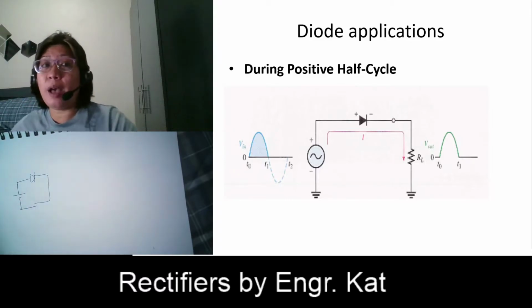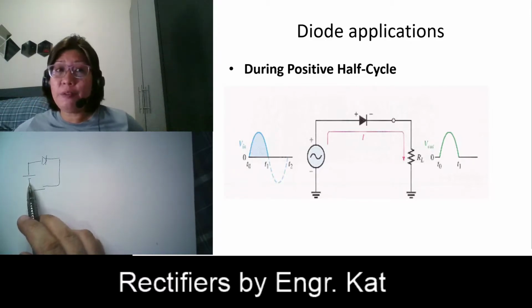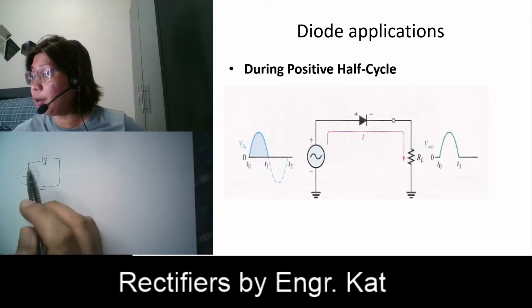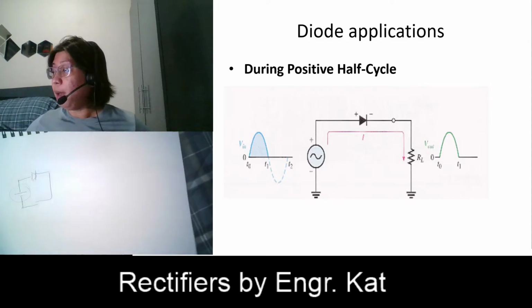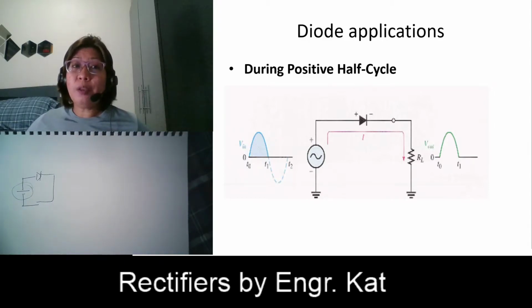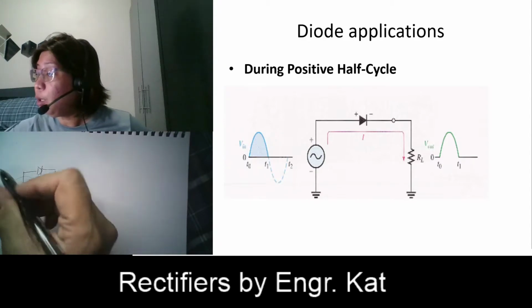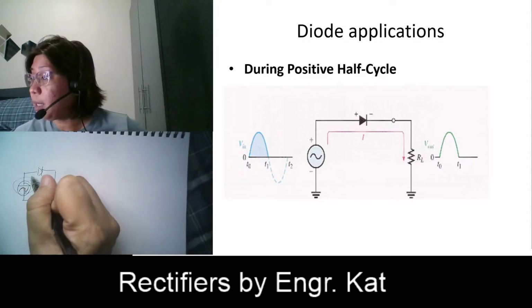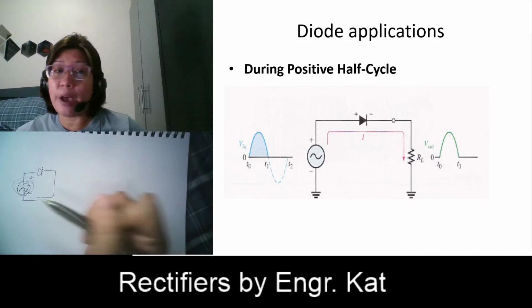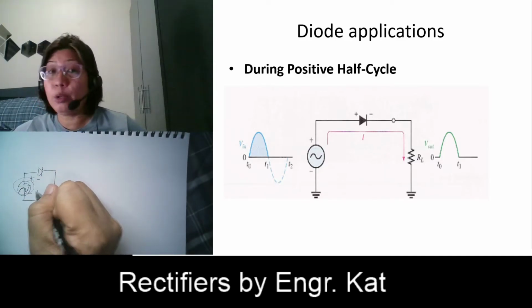There is no positive half and no negative half because your source there is said to be constant. The difference when you have an AC source is that your source here is changing. Sometimes it is plus and minus during the positive half, and other times it is minus plus.